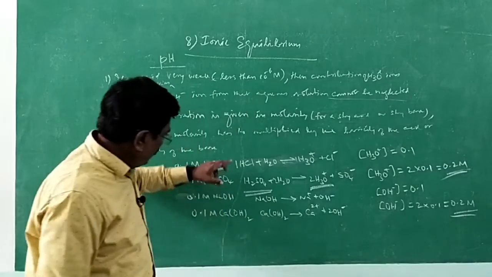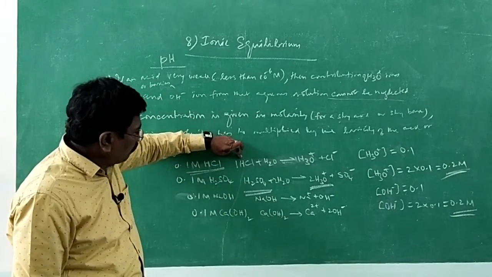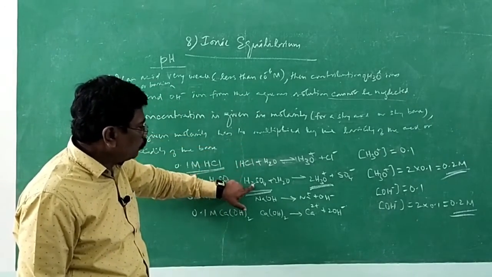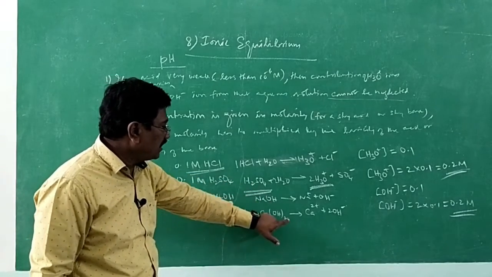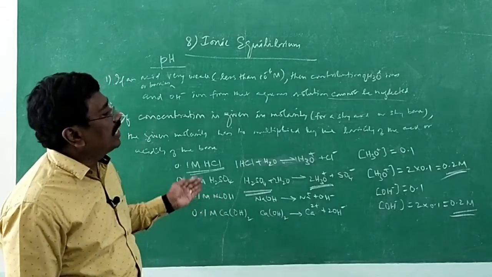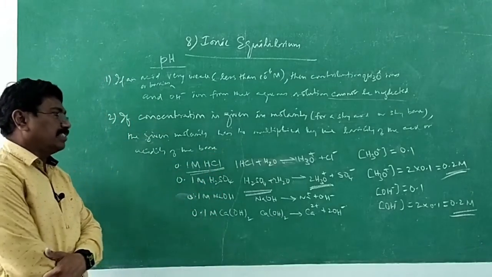So, for this acid, basicity 1. For this acid, basicity 2. For this base, acidity 1. For this base, acidity 2. Therefore, we have to multiply with acidity or basicity.